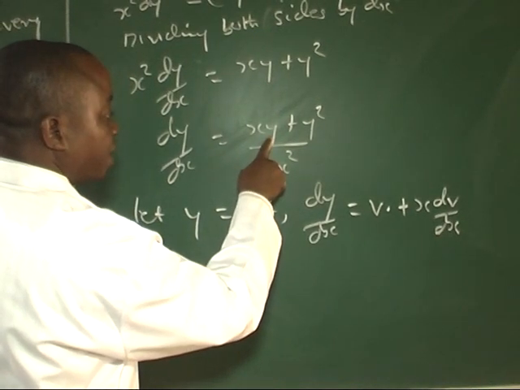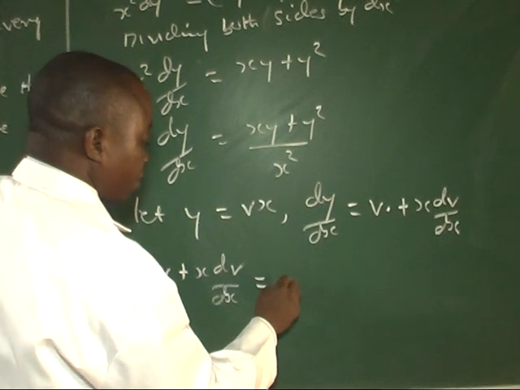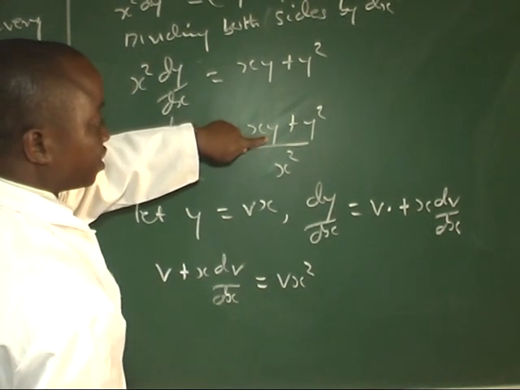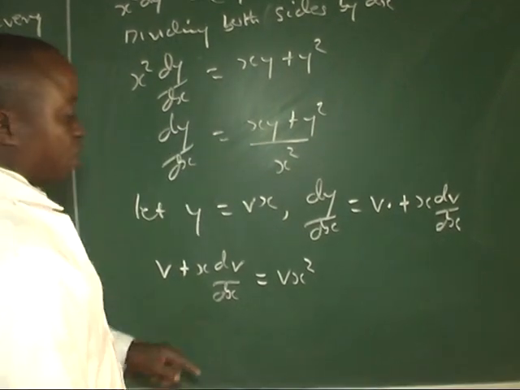y equals vx. So if we put vx here, we have vx squared.